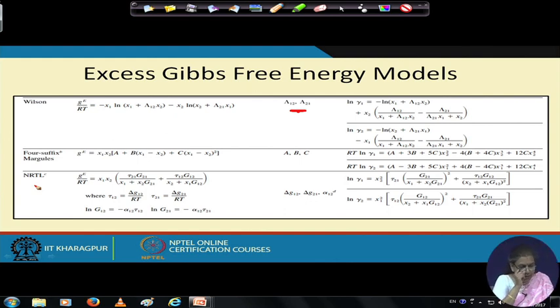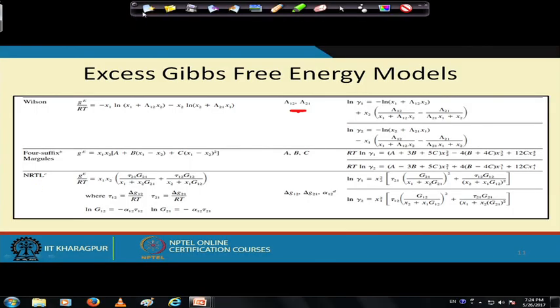This is applicable to partially miscible and completely miscible systems, and in this particular case also we find that we do not have much advantage over the Van Laar or the Margules equation for moderately non-ideal solutions, but it represents the excess Gibbs free energy of strongly non-ideal and partially miscible solutions quite satisfactorily.